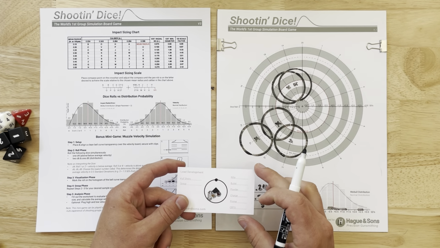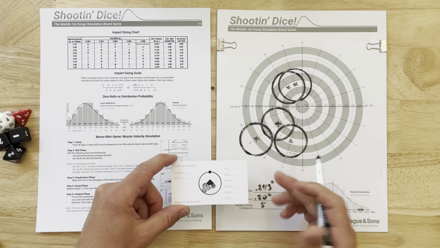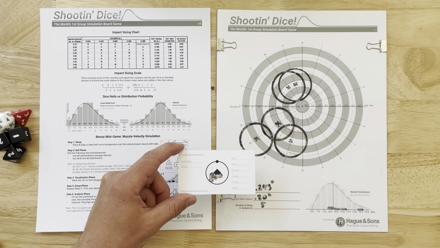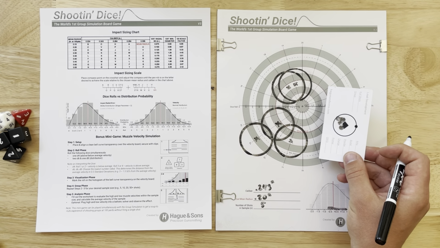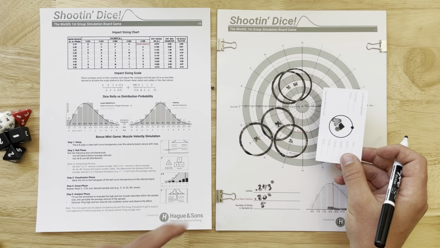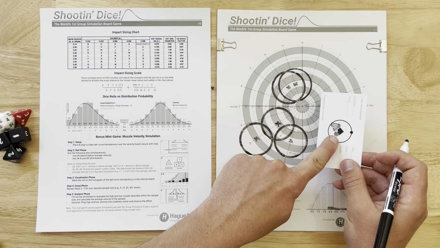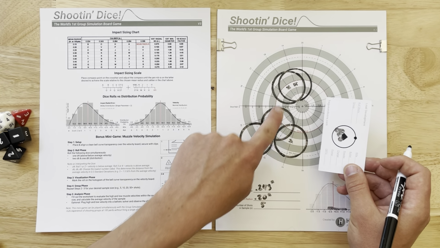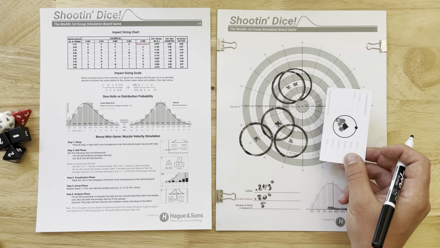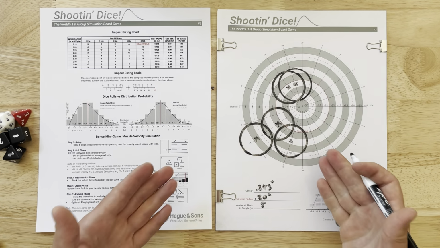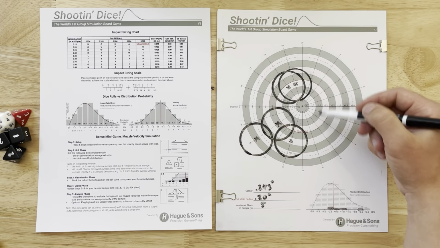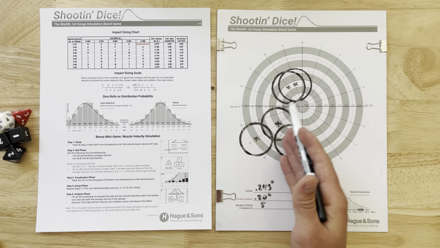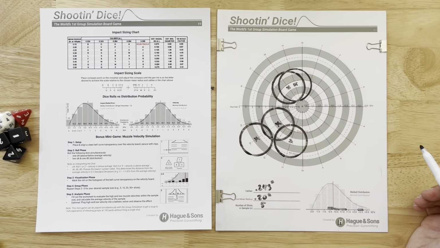Compare that with one of the groups that we saw at the beginning of the video. If we turn it this way, it almost looks the same, if we think of the bullet holes scaling each other. But if we were to use this at a competition to get a zero for our rifle, we might get the elevation correct, but we would be somewhat off.